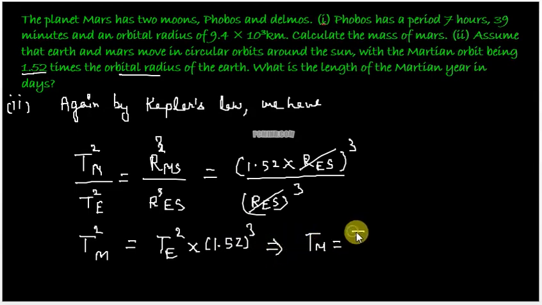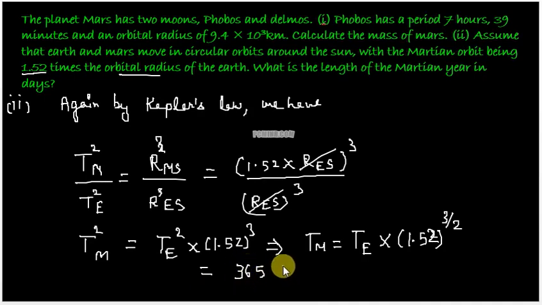That gives me T_E times 1.52 cube square rooted, which becomes 1.52 raised to the power 3 by 2. Substituting the time period of Earth as 365 days, multiplied with 1.52 raised to the power 3 by 2, and solving we get 684 days.